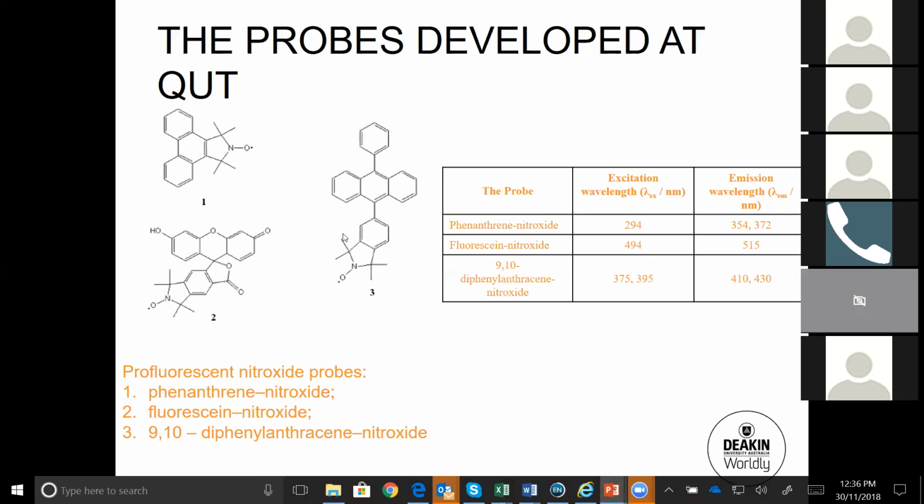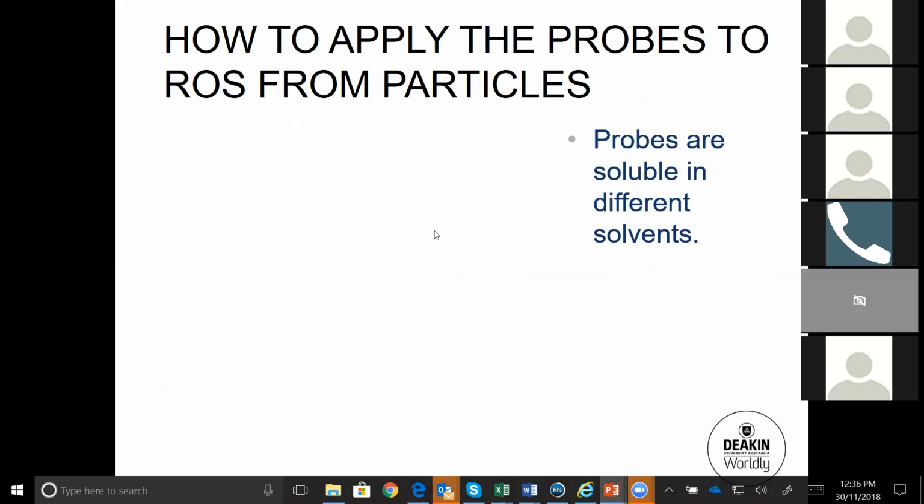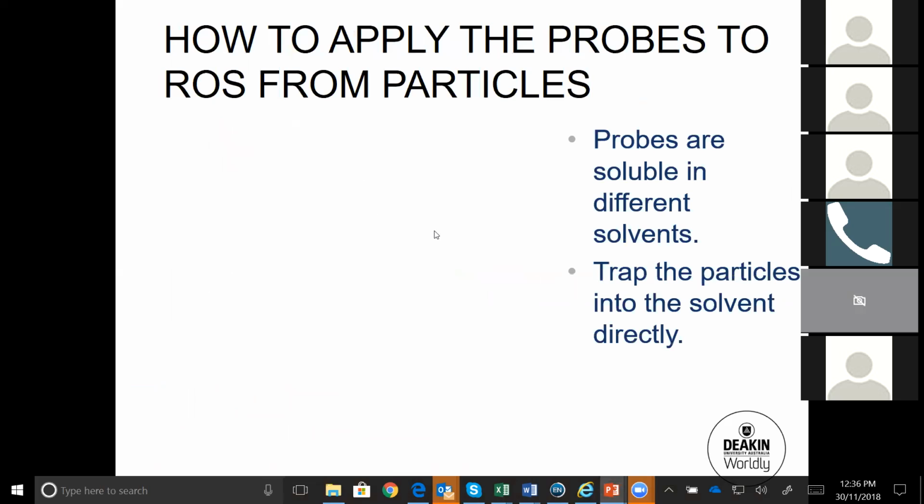The principle is that this molecule is non-fluorescent, although it has a fluorophore, because of the electron on the nitroxide, which causes intramolecular quenching. Once a free radical from the atmosphere, from the pollution, reacts with this molecule, that quenching is released, and we have fluorescence that we measure.